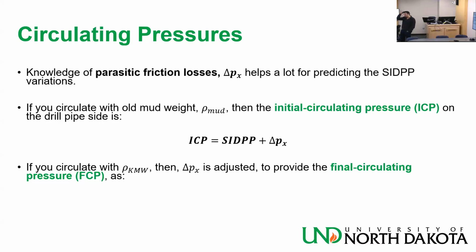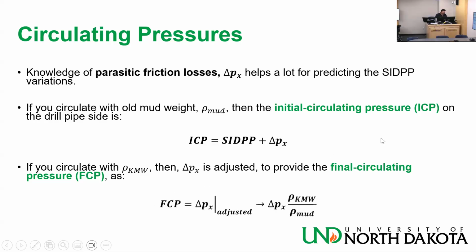So how can you estimate it based on what you know? You measured delta P_x. Now, it was at the raw mud weight. Now you have a KMW to deal with. So you're going to take the delta P_x and multiply by the KMW and divide by the raw mud weight.